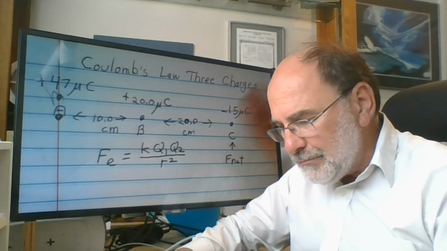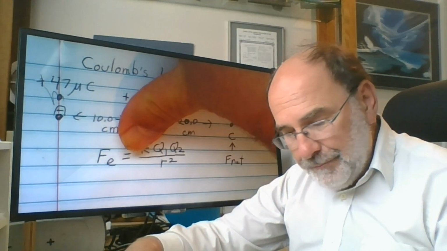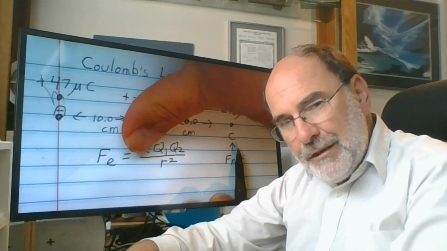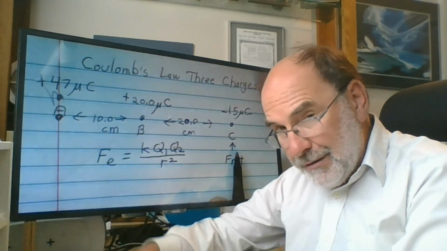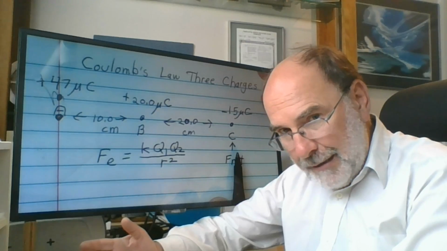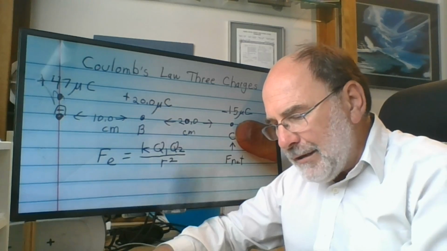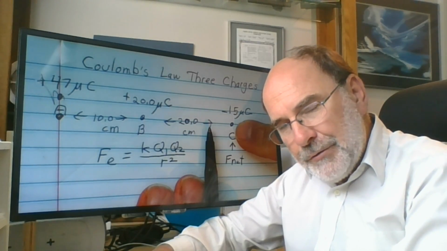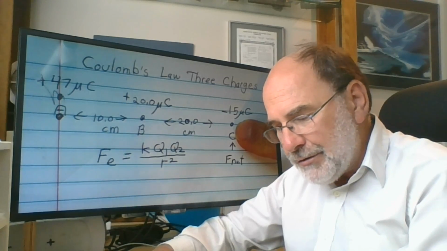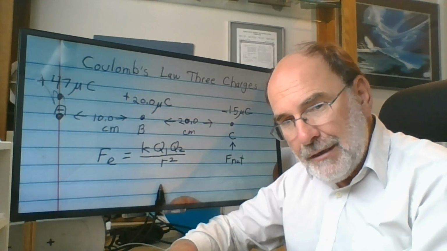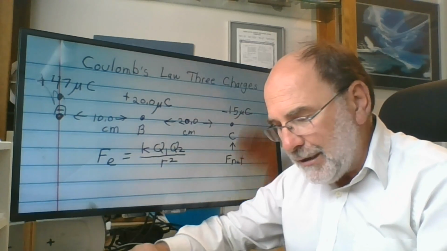I am going to shut off charge B, leave charge C always turned on because that's the one whose point of view we're adopting. That's the one where we want the answer. And then one at a time, go through all the other charges, turn them on, plug them into the equation, calculate the net force, and keep track of it.